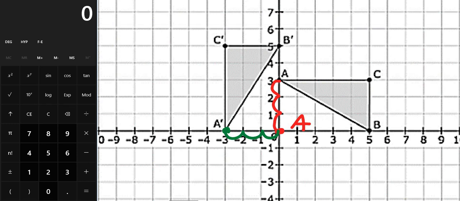So let me go ahead and pick B. So B, I'm going to go down 3. 1, 2, 3. I end up here at (5, negative 3). My next step is to go counterclockwise, 90 degrees. So counterclockwise is in this direction, opposite the hands of a clock.